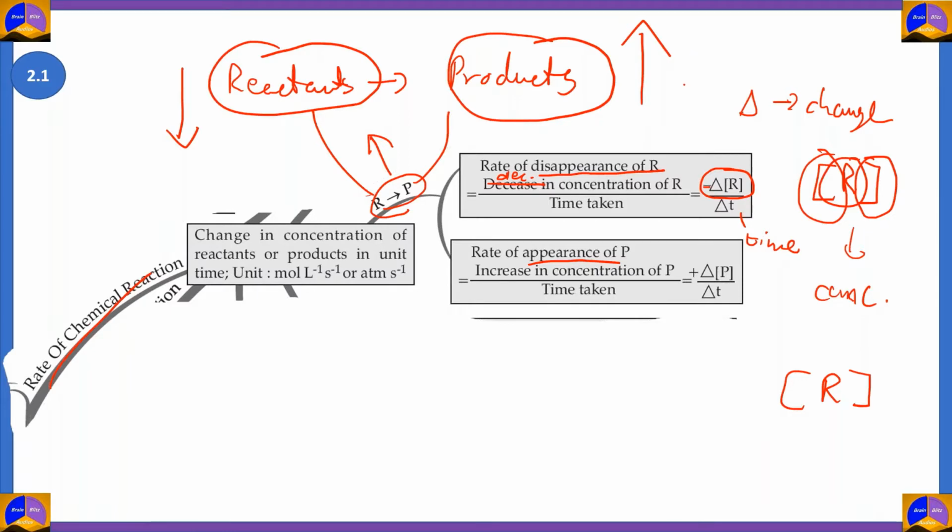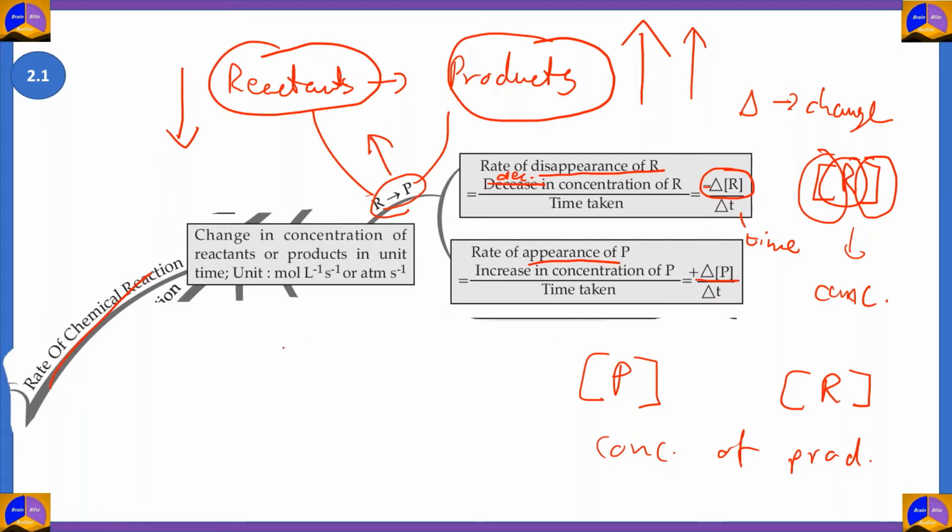Now, if we have to express the rate of a chemical reaction in terms of the products, we find out the net increase in the concentration of the products. So it will be plus delta P divided by delta T. Again, P in a square bracket represents concentration of products, and plus indicates that it's increasing. So increase in concentration of P, that is represented by plus delta P, divided by delta T, the time taken.